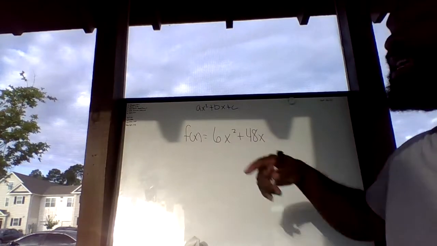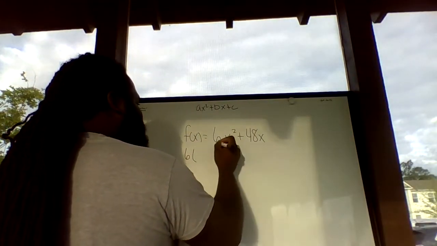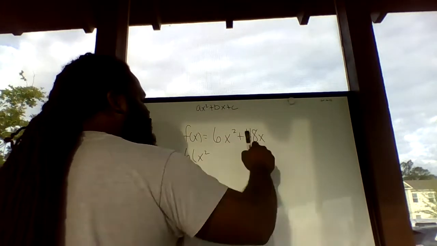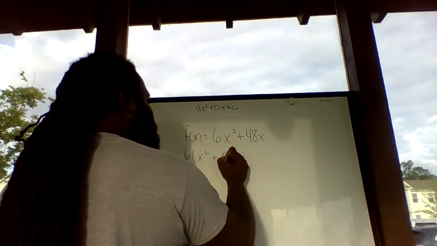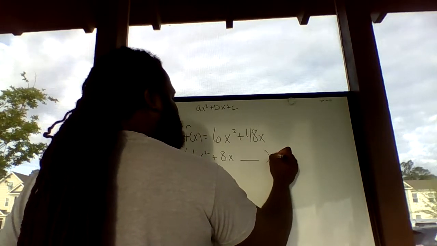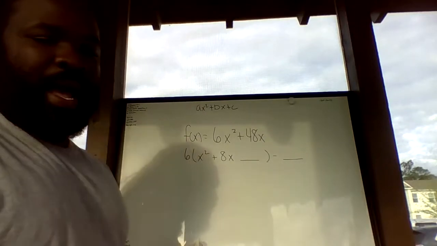Well, our A is 6. So we factor out 6. 6x squared divided by 6 leaves me with x squared. 48x divided by 6 leaves me with plus 8x. We're going to leave a blank on the inside and one blank on the outside.